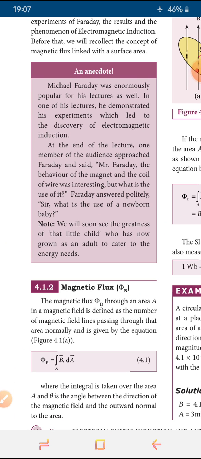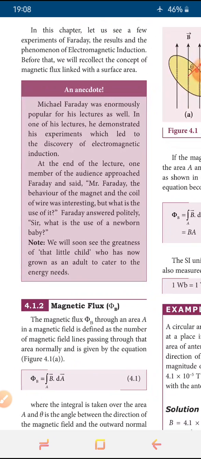Until then we did not know what application it would give, but now it has a great impact in physics. Michael Faraday replied with the question, what is the use of a small child? This is just an incident. That child has now grown very huge, not only in physics but in all departments, it is of main use.